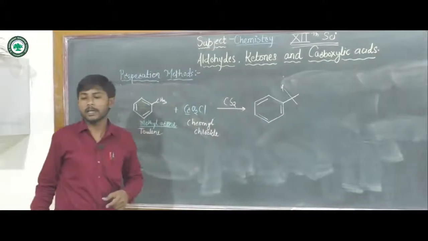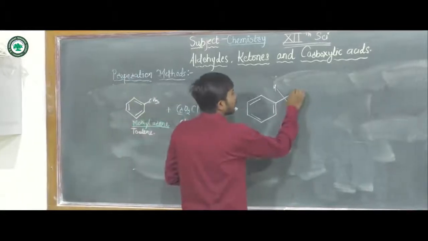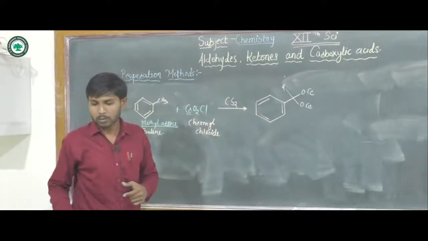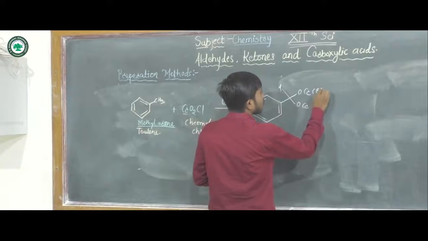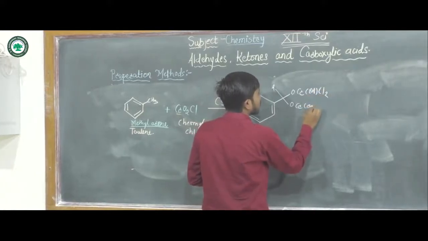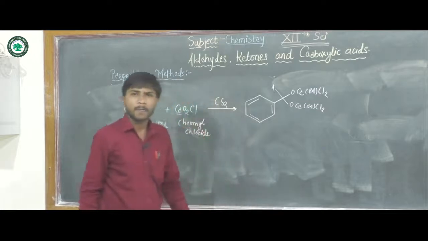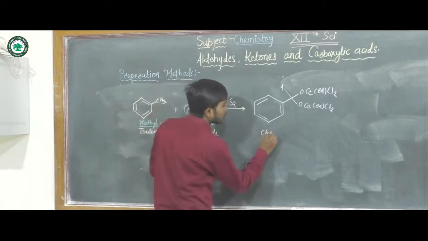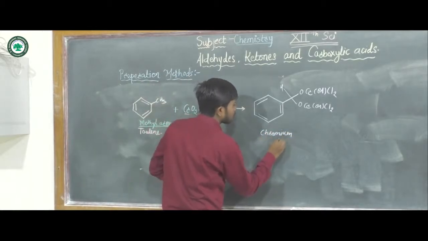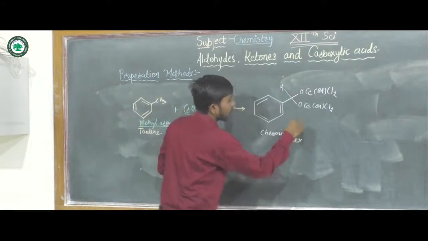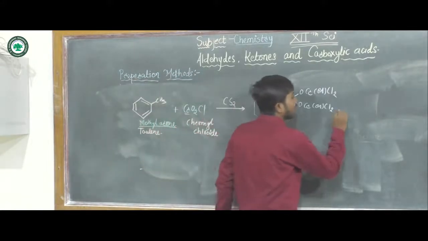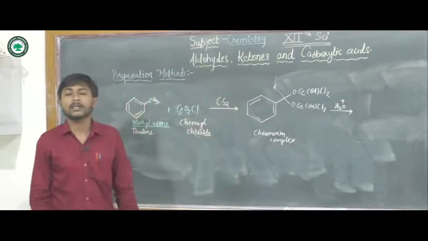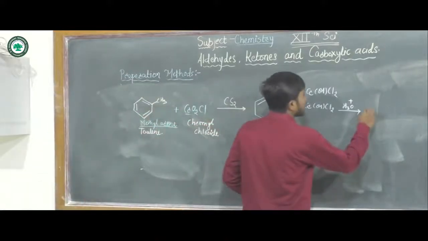This one has hydrogen as it is, and on both sides the same, and this is a chromium complex, which is followed by acid hydrolysis. On acid hydrolysis it gives the corresponding aldehyde, that is benzaldehyde.